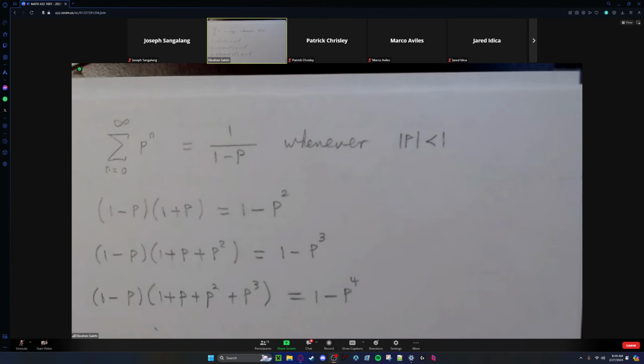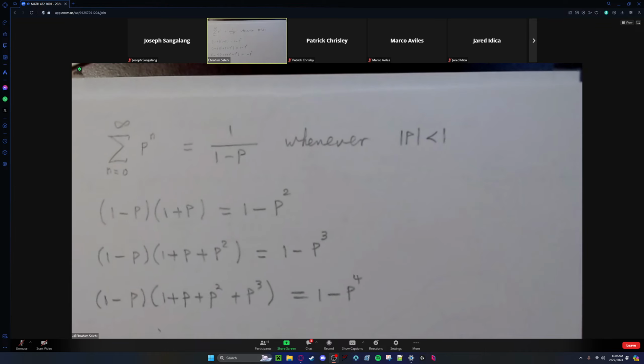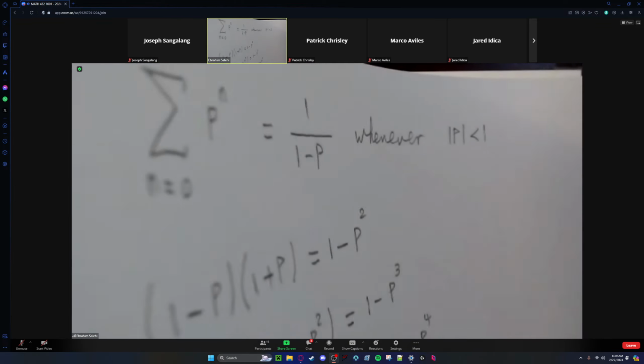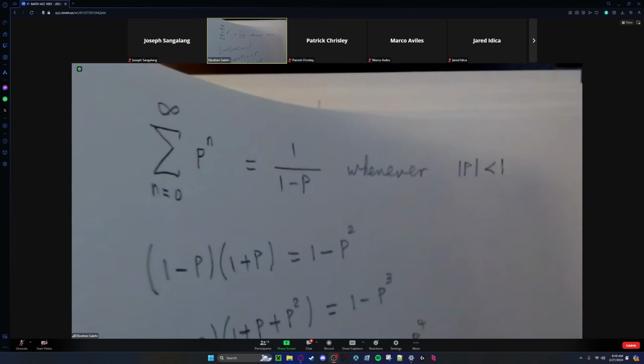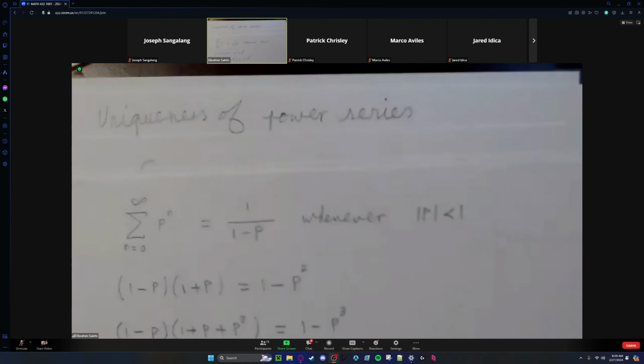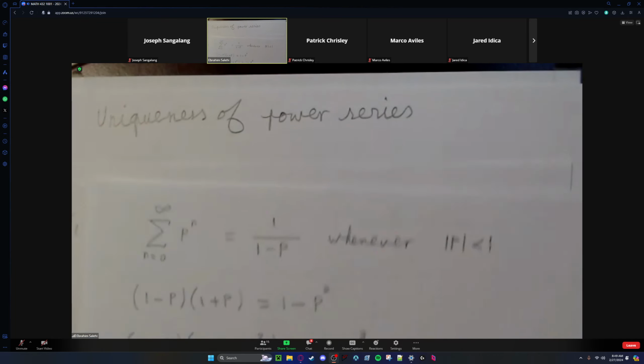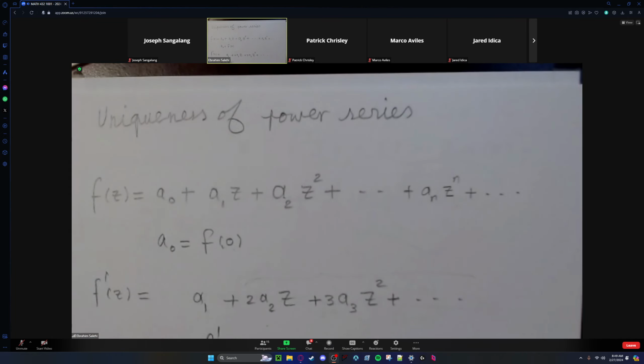The modulus of P has to be less than 1. And we use this one in the proof of Taylor series, but for the time being, I want to talk about something else.